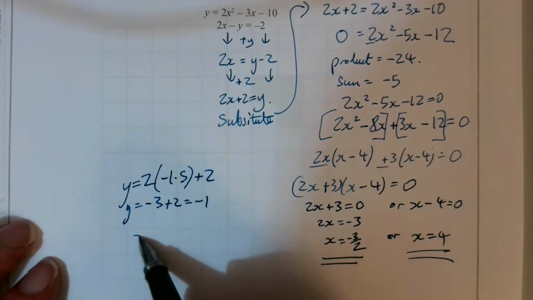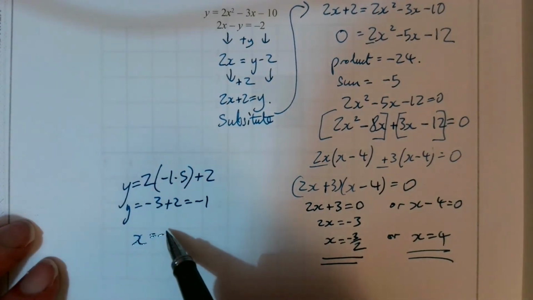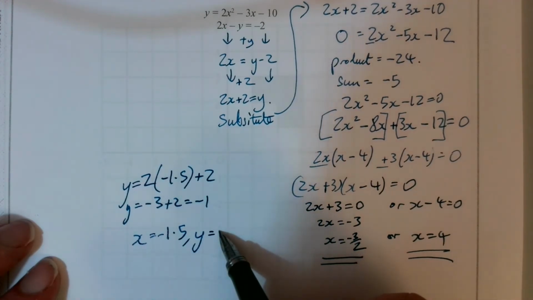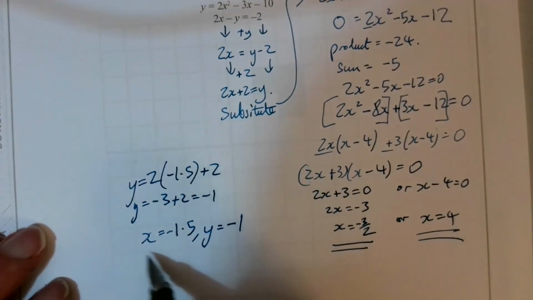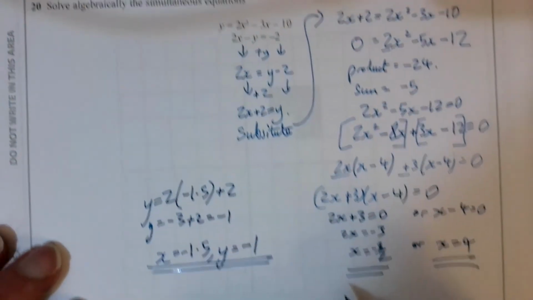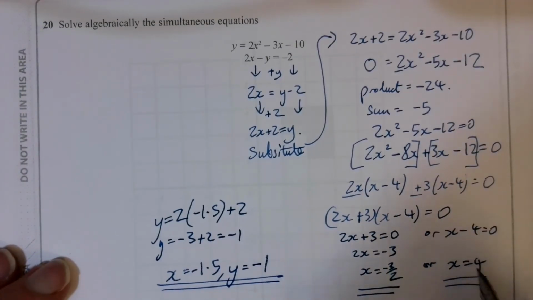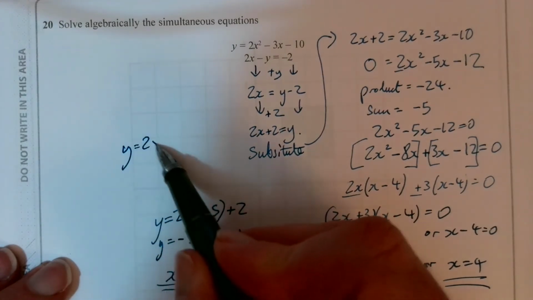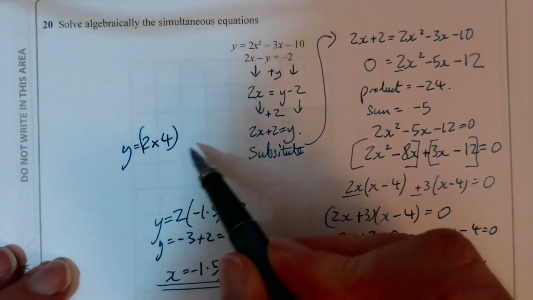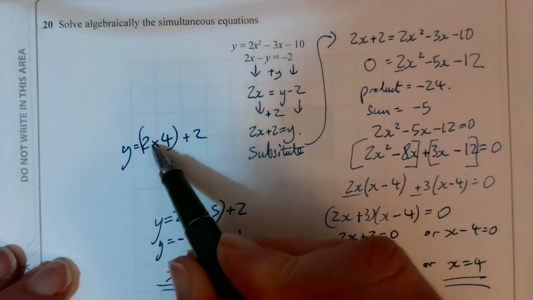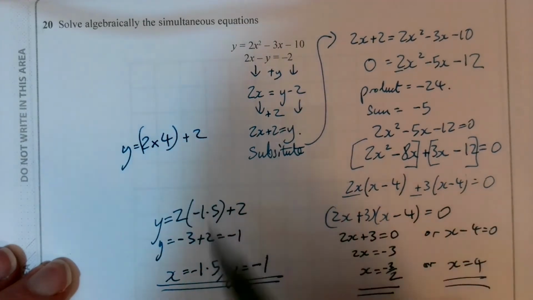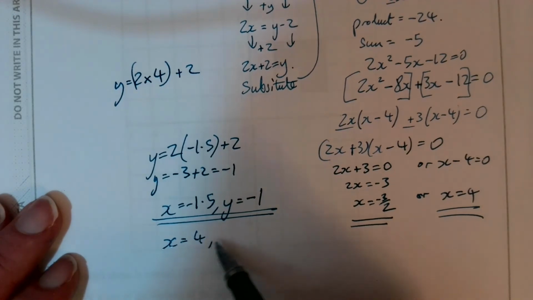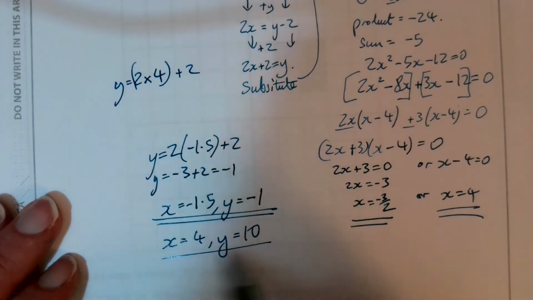So I'm getting one result where it's x equals negative 1.5, y equals minus 1. And then the other one will be what happens if I put 4 into 2x plus 2. So y equals 2 times 4 plus 2. 8 plus 2 is 10. So our other solution is x equals 4, y equals 10.